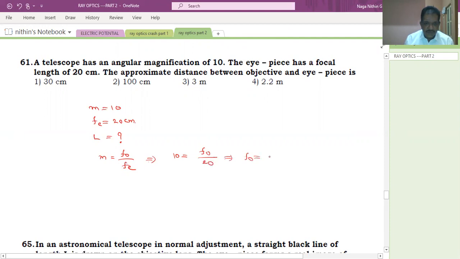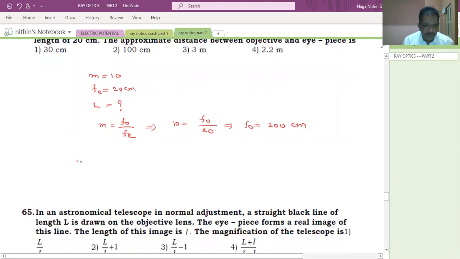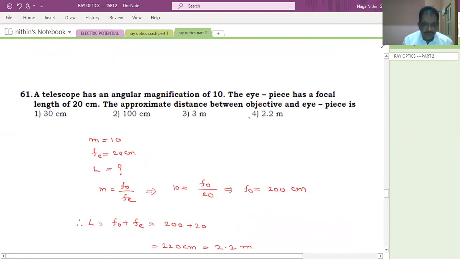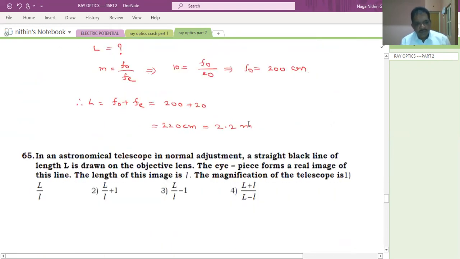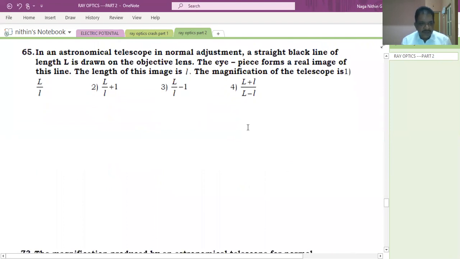FO is equal to 200 centimeter. Then find the value of L. Therefore, L is equal to FO plus FE. This is 200. This will be 20. Totally, this value will be 220 centimeter, means 2.2 meter. Okay. See the next question.